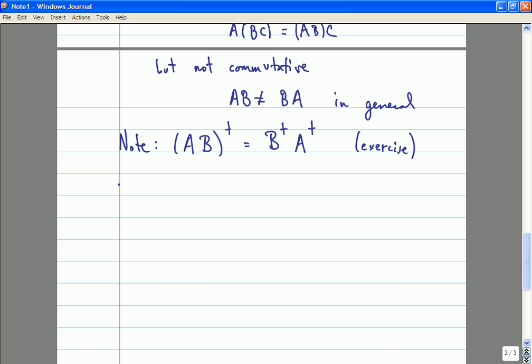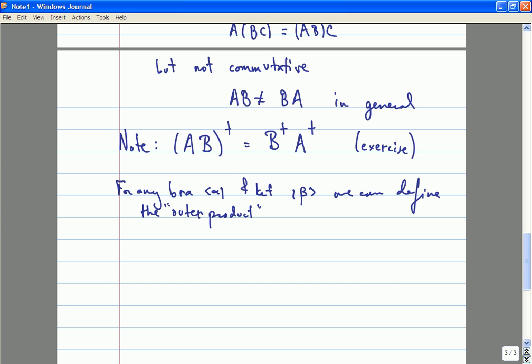Now, for any bra, let's call it alpha, and ket beta, we can define an operator, which is known as the outer product, and that is just beta times alpha, in the opposite order as the inner product.